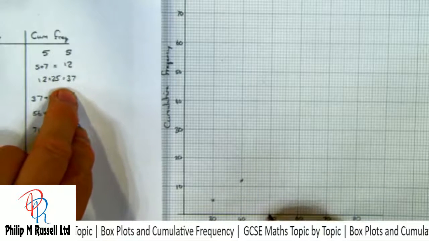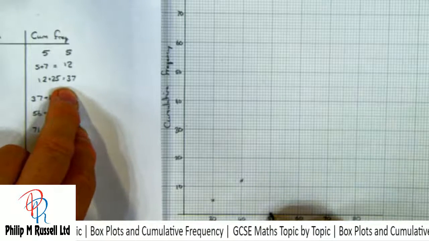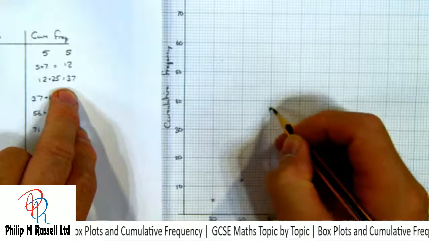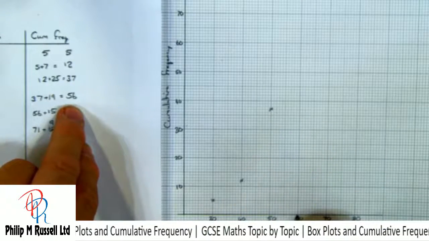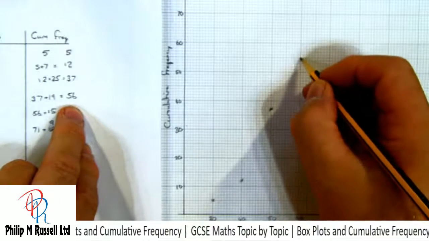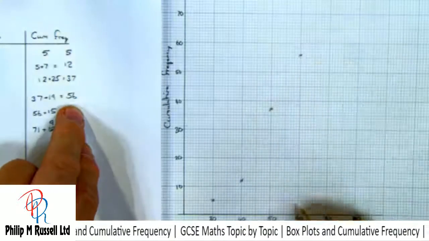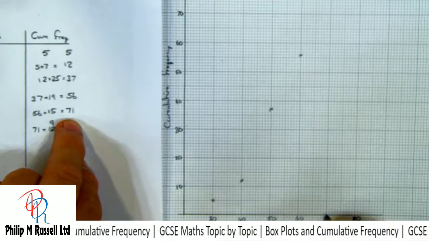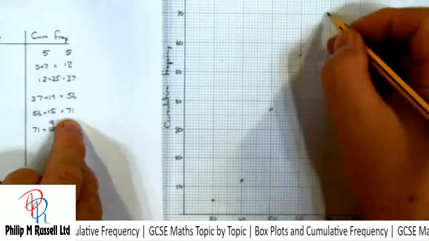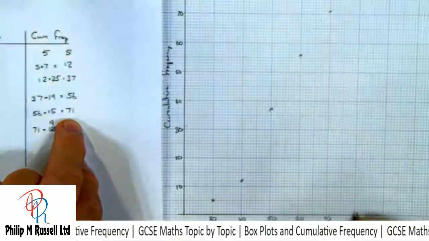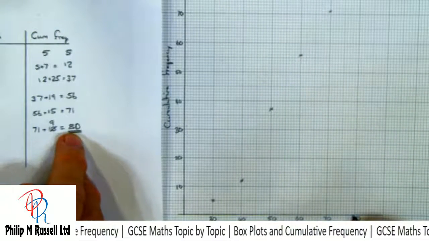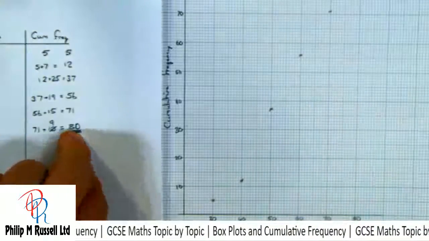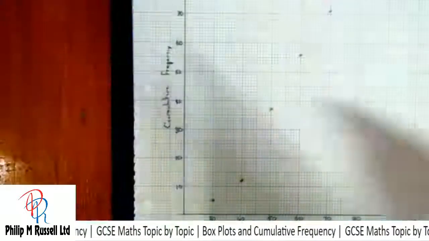My next one for my 50 is going to be 37. So 35, 37. My next one is going to be 56. So 50, 55, 56. Choosing a good scale makes life very easy. And then for 70 we're going to manage 71, and finally for 80 I'm going to get 80. And there I've got my data.